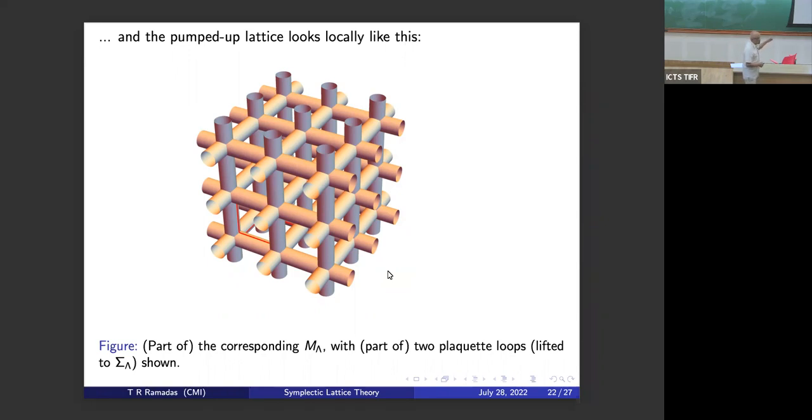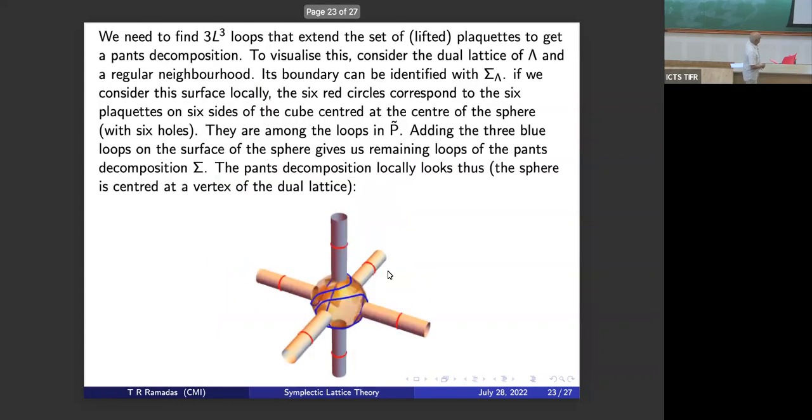If you look locally around a vertex of the dual lattice, remember a vertex of the dual lattice corresponds to the center of one of these cubes here, if I look at the same surface now as the boundary of a tubular neighborhood of the dual lattice, after some shrinking, it will look like this.